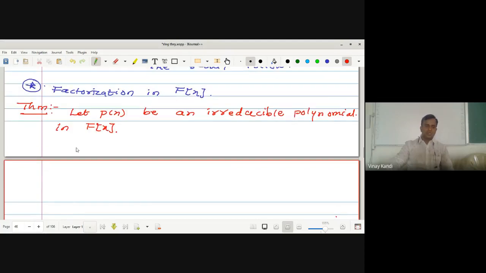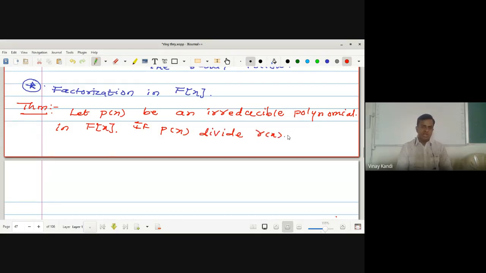Okay, what is this theorem? Let P of x be an irreducible polynomial in F of x. If P of x divides the product of R of x and S of x, for R of x and S of x belonging to capital F of x, then what does it imply?